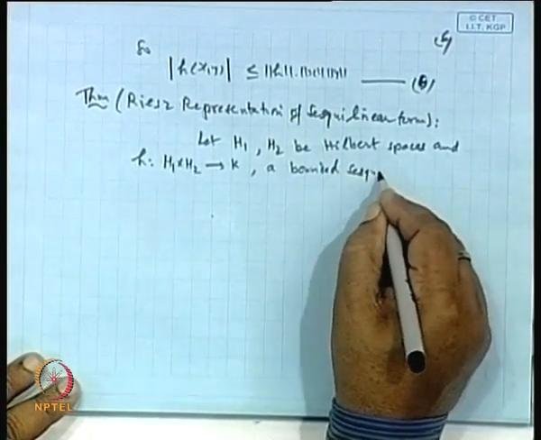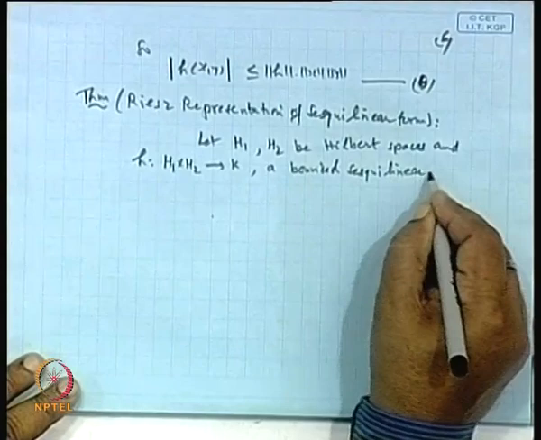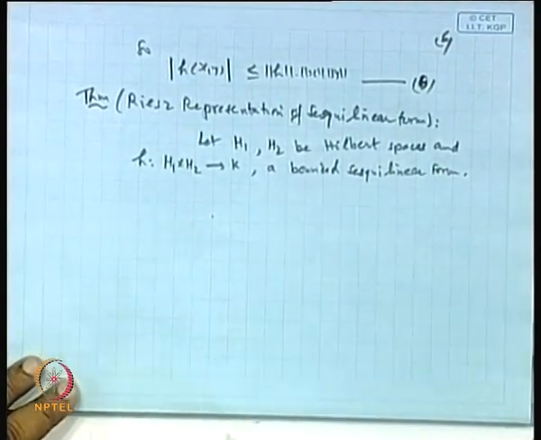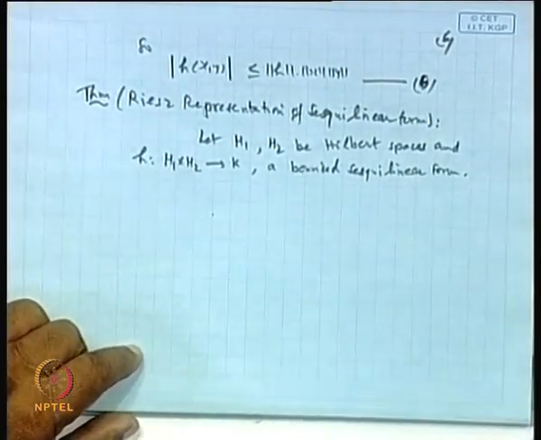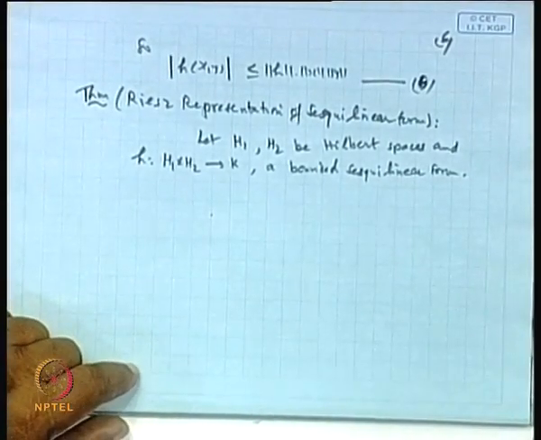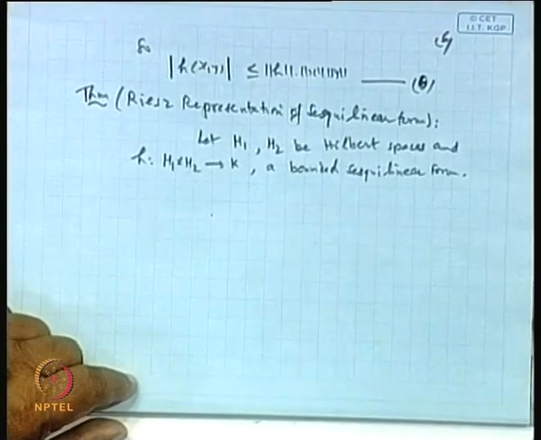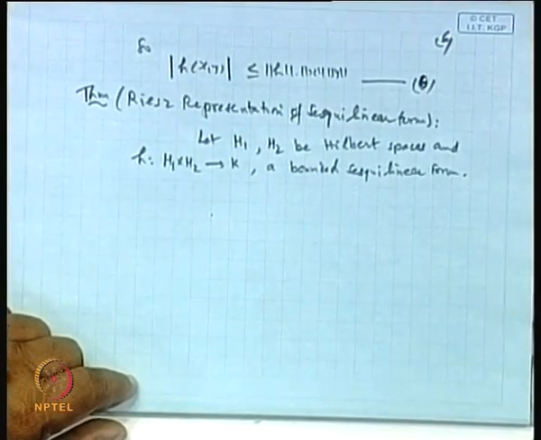So, H is given to be a bounded sesquilinear form on H1 cross H2. Instead of taking just an inner product, here both are taken to be Hilbert spaces. H1 is a Hilbert space, H2 is also a Hilbert space.